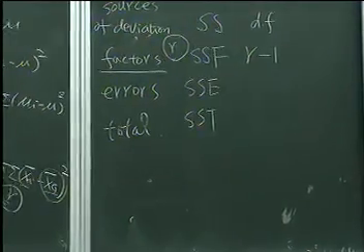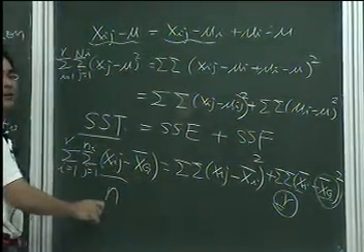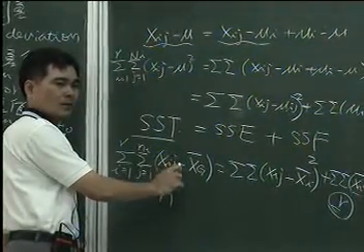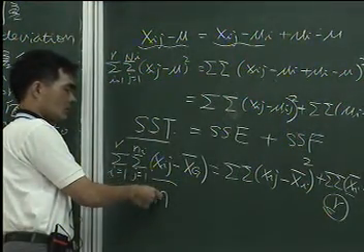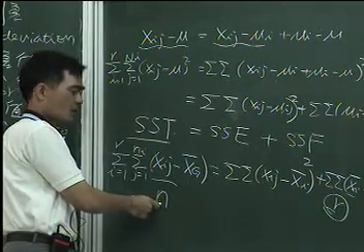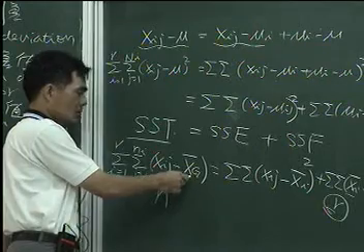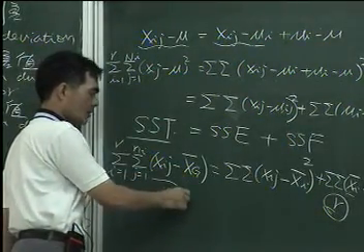If you look at this one, we know the total is n. When we use population, we use big N, and when we use sample, we use little n. For this part, the total number of samples is n, but you know one mean here, so the degrees of freedom is n minus 1.